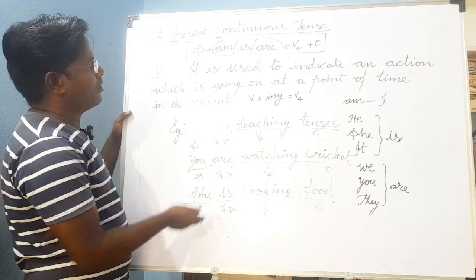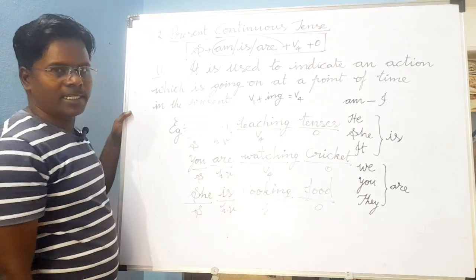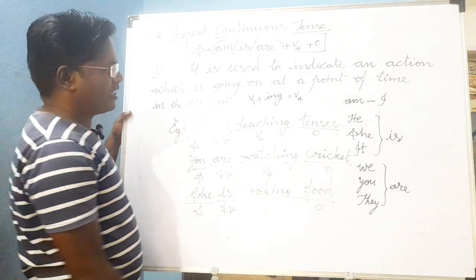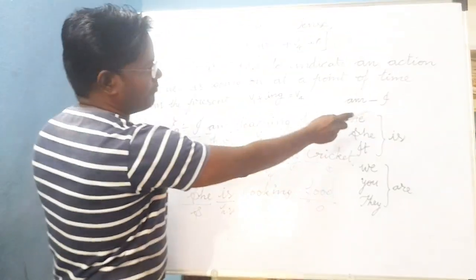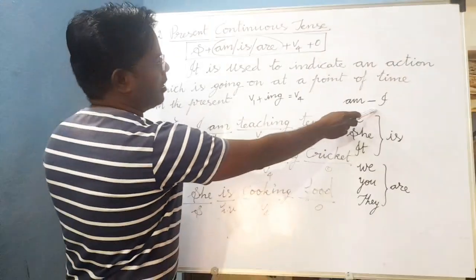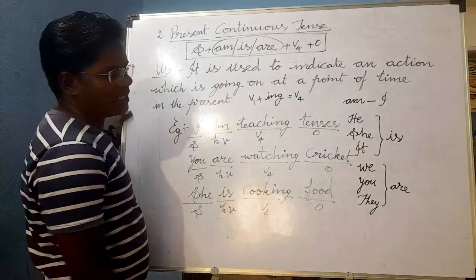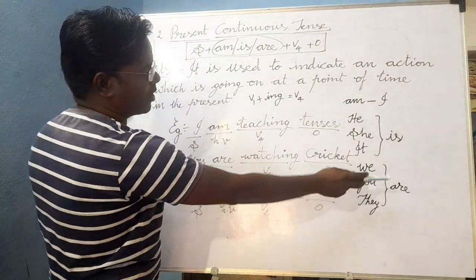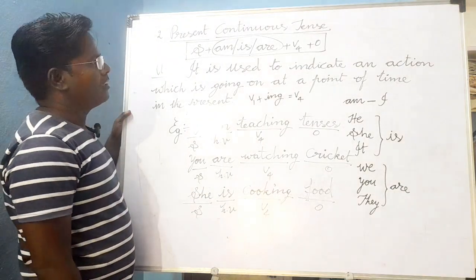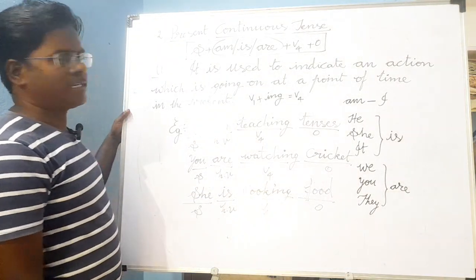So it also follows this structure, right? So every time remember this one. Every time I is followed by am, remember, and he, she, it followed by is and we, you, they followed by are. Okay, so this is about present continuous tense.